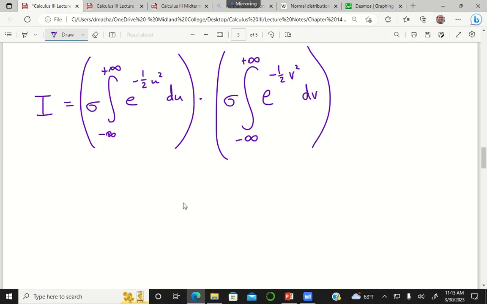All I've changed is the symbol I'm using for the variable of integration, but in the end, once I evaluate the integral, the u's are going to go away and the v's are going to go away, and it's going to have the same value because it doesn't really matter what symbols I use. So this would now be I squared, because I'm taking the integral I want to know the value of and I'm multiplying it by itself, essentially. So I'm squaring it.